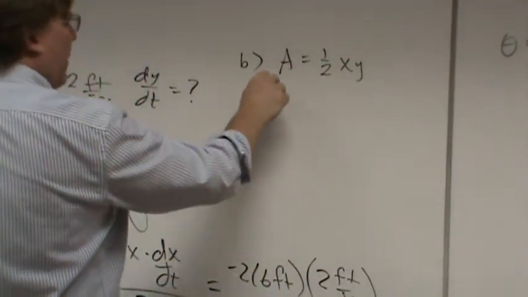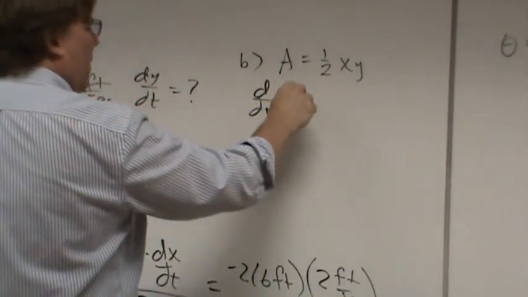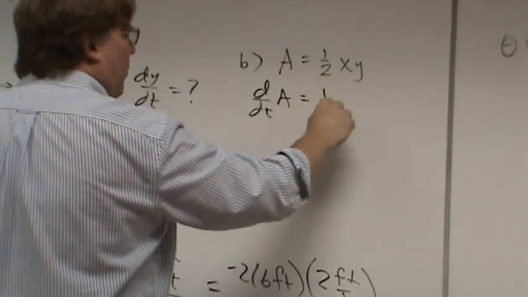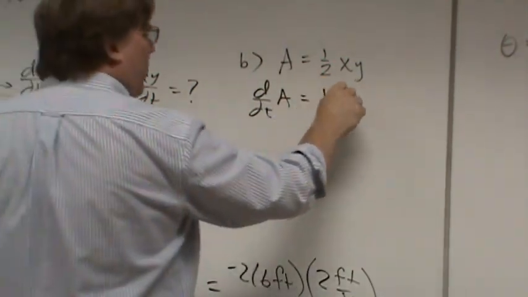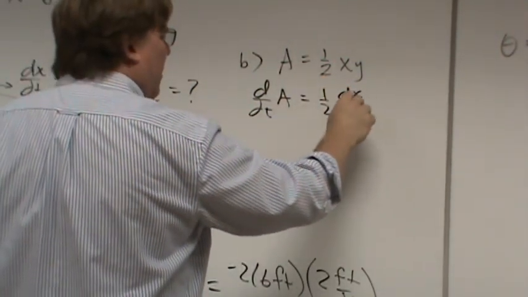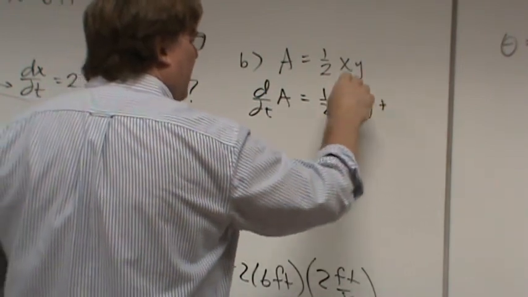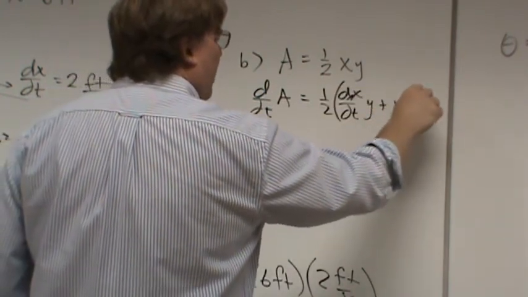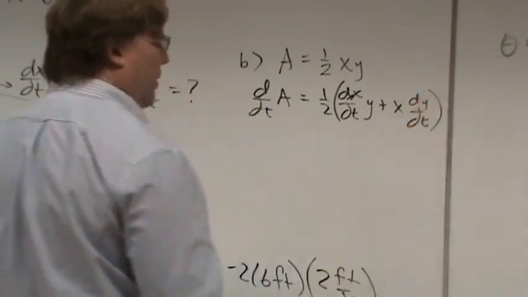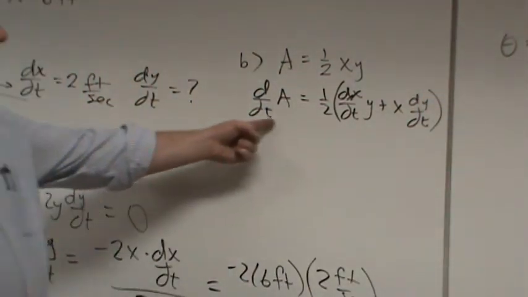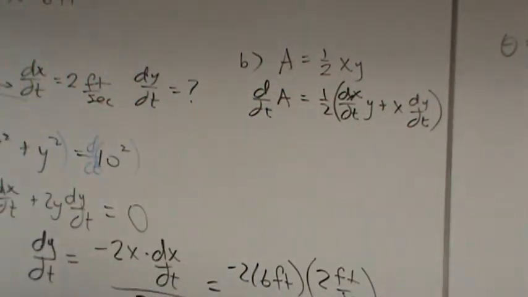And when you take the implicit derivative, you're going to have to do product rule: the derivative of the first times the second plus the first times the derivative of the second. For part B, you would need to do the implicit derivative with product rule. So you got dx/dt, dy/dt. That's part B.